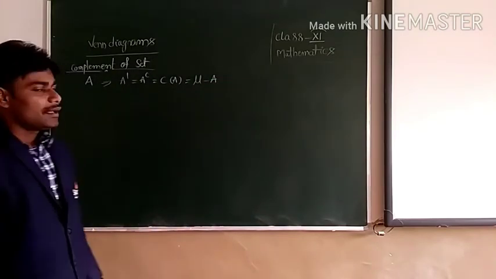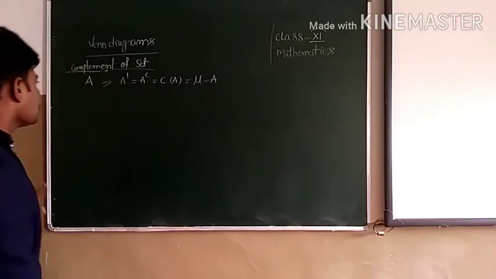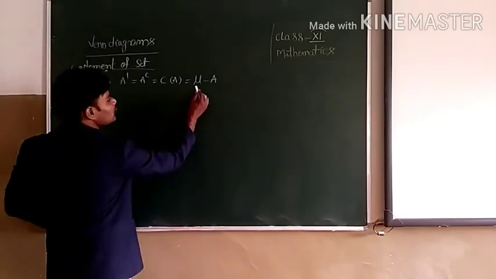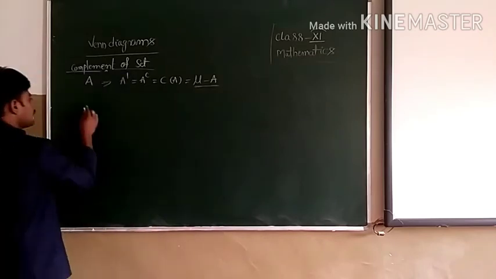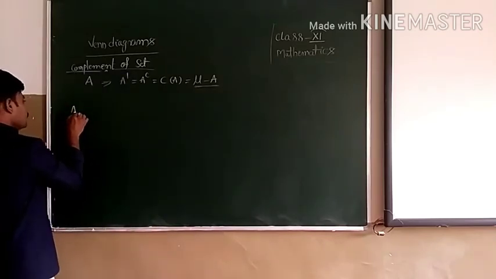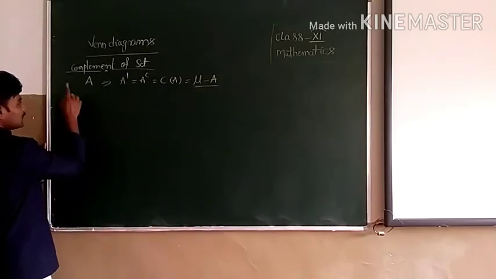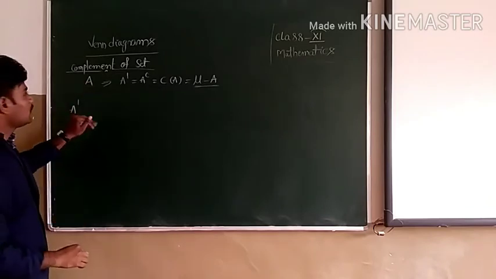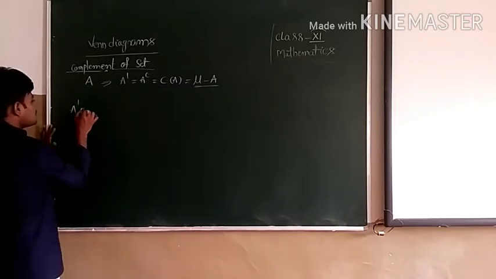So now let's see the Venn diagram of this expression, mu minus A. I already gave the definition for complement of set earlier. So A complement is equal to mu minus A.